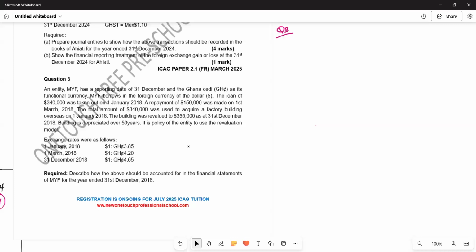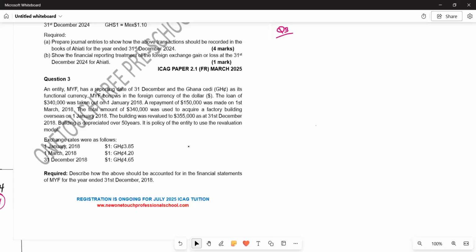Question number 3. MYF has a reporting date of 31st December and the Ghana cedis as its functional currency. MYF borrows in the foreign currency of the dollar, and a loan of $340,000 was taken out on 1st January 2018. A repayment of $150,000 was made on 1st March 2018.